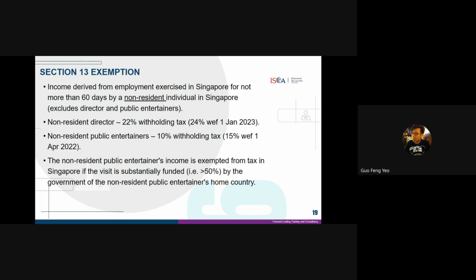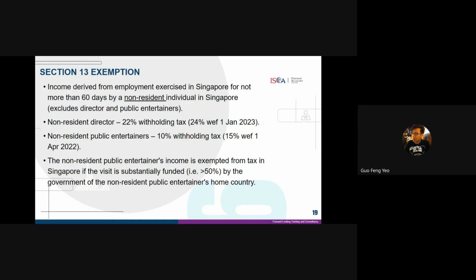However, Section 13 exemption states that income derived from employment exercised in Singapore for not more than 60 days by a non-resident individual in Singapore is not taxable. Note, this excludes directors and public entertainers whose income will be calculated separately.